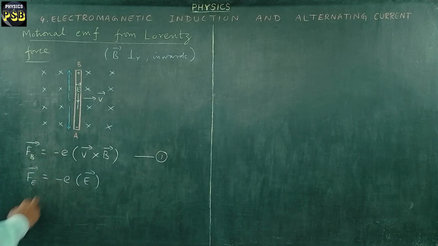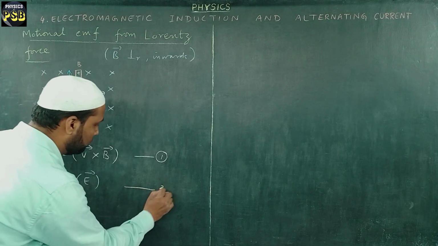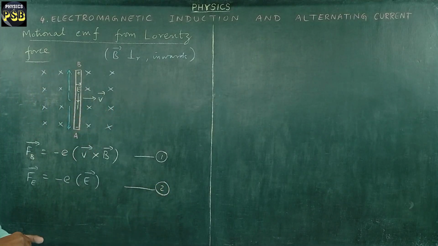Here we have a minus sign to show that electrons carry negative charge. Right? I take this as equation number 2. The accumulation of free electrons at the point A will take place till these two forces become equal to each other. Till they attain equilibrium, this phenomenon will take place.